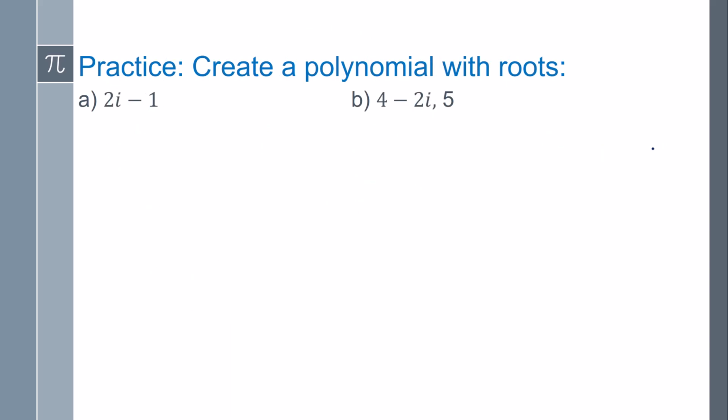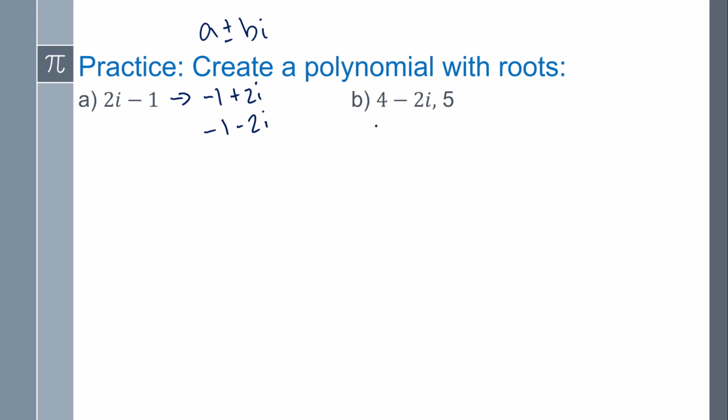Now, just a couple of things that I wanted to point out in these practices and writing it out. Notice that the complex conjugates will always be in this form. I switched it here. You need to rewrite this. Now you can include the conjugate, right? The conjugate of that is not 2i plus 1, so we need to be careful of that.